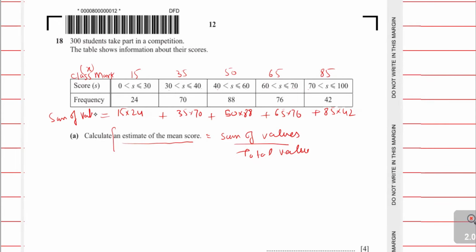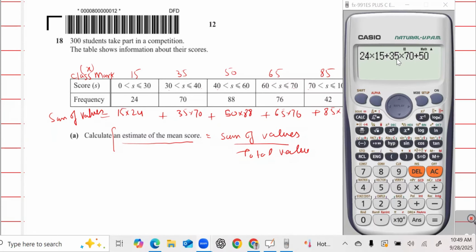And this will be equal to 15 into 24 plus 35 into 70 plus 50 into 88 plus 65 into 76 plus 85 into 42. This will be equal to 15,720.